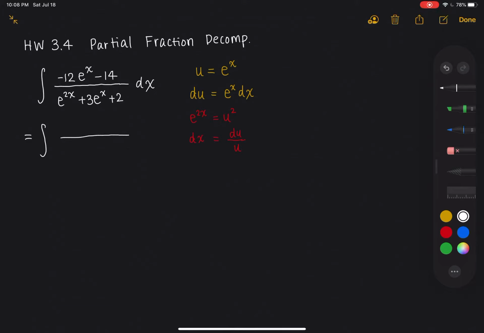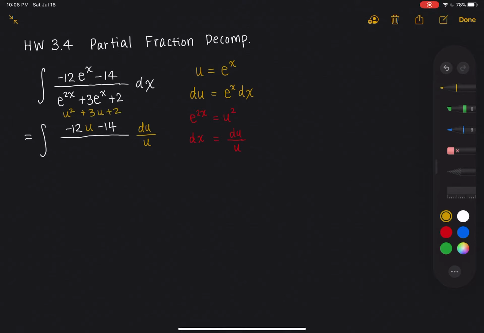On the top we have negative 12u minus 14. dx will become du over u, and then e to the 2x is u squared plus 3 times e to the x, so 3u, plus 2.